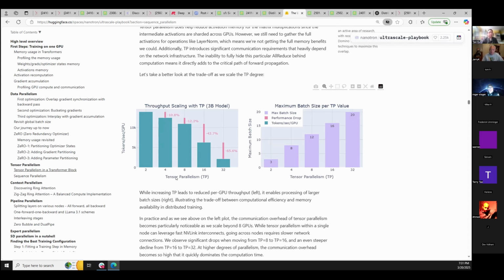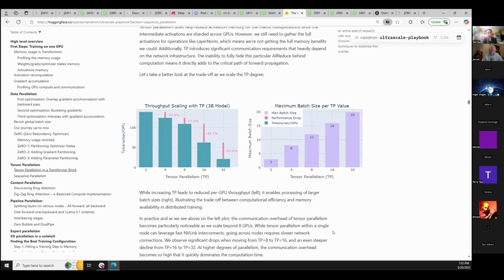So I find it to be pretty intuitive, but you are paying this penalty. Again, I was mistaken until I read the article. I thought it was the volume of communication that killed tensor parallelism, but it's not exactly just the volume. It's the fact that it's not overlapped. You're just dead in the water doing nothing until the information from the other GPUs arrives, and then you can proceed.